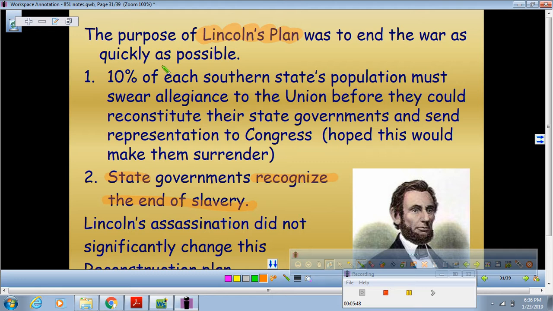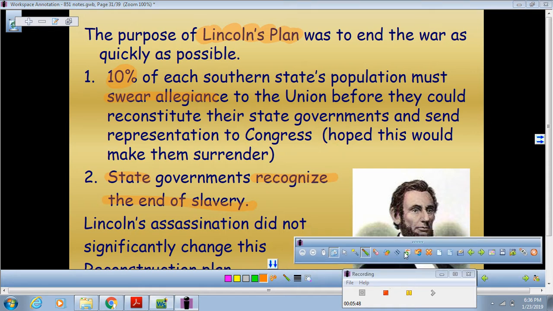And two, that 10% of each southern state's population must swear allegiance formally to the Union before they could reconstitute their state governments and send representation to Congress. He hoped this would make them surrender and become part of the United States.